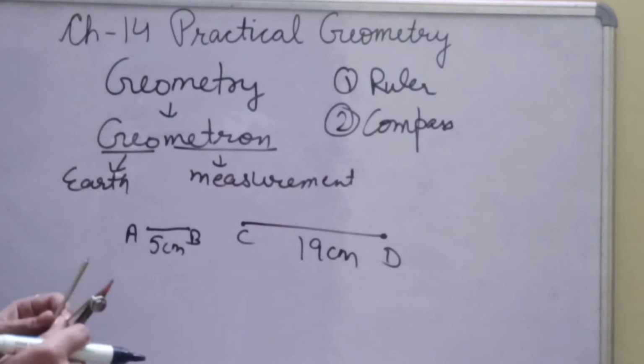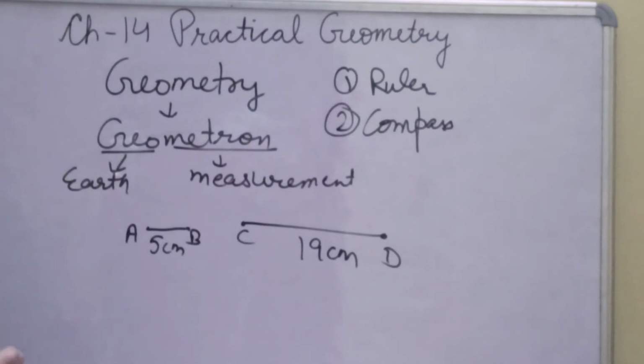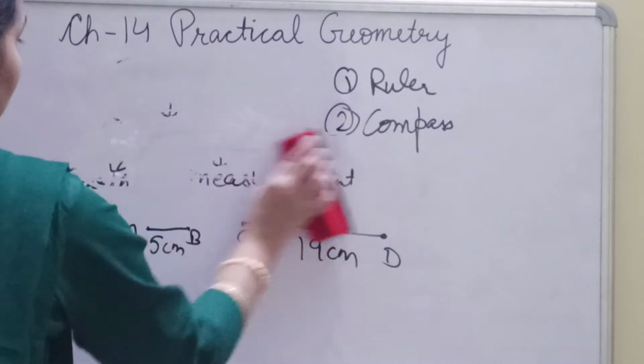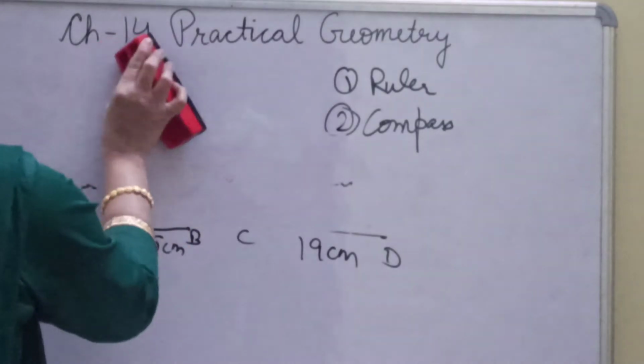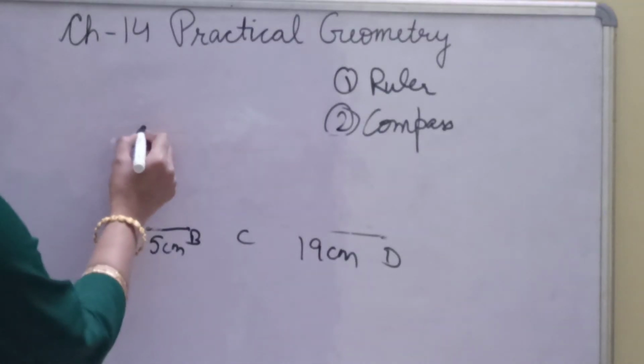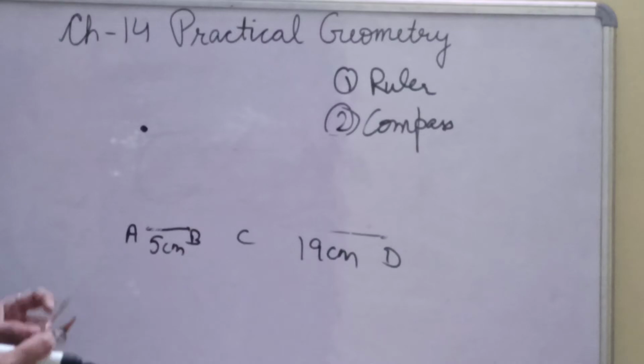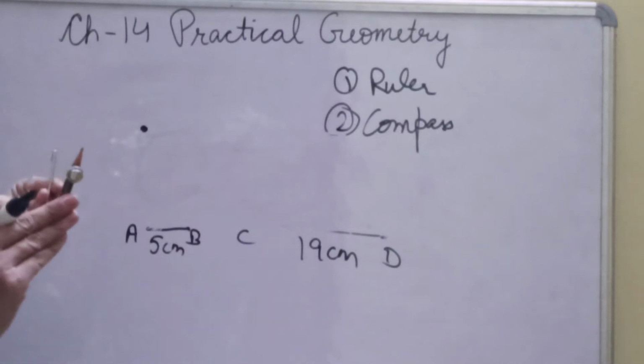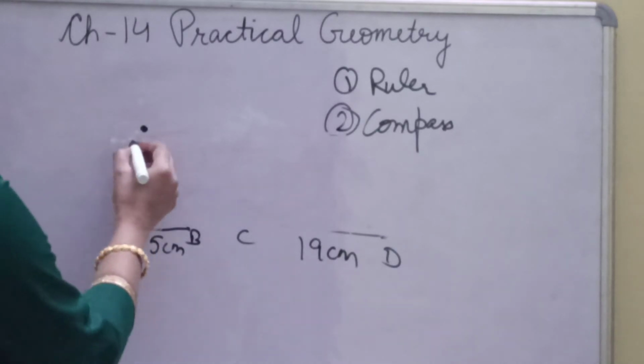Now how are we going to use it? For this, first of all, we need a point. Suppose this is a point. We will open it according to a certain length.